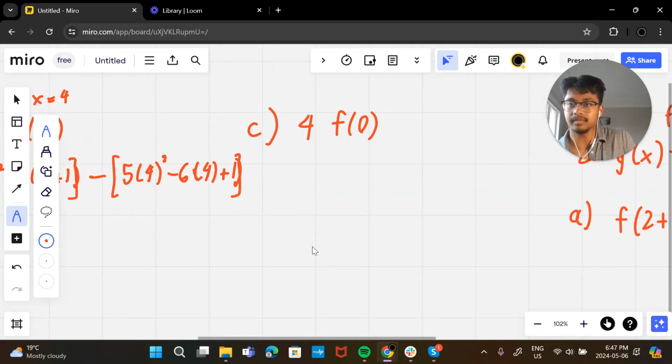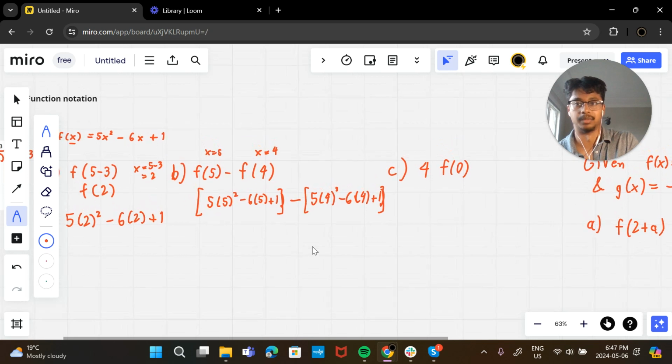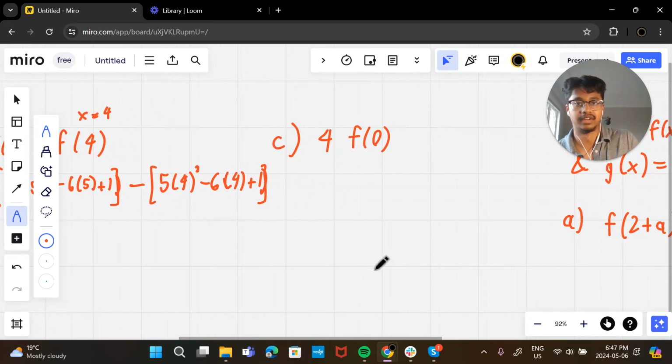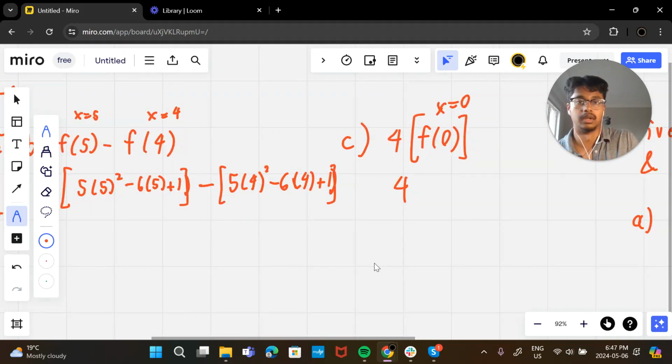For this one over here, another thing I want to bring up is that you have to think of this f of x as almost like a separate term, or something that's within a pair of brackets. So this is just when the function has x equal to 0, so we can write that over here: f of 0 squared minus 6, 0 plus 1.